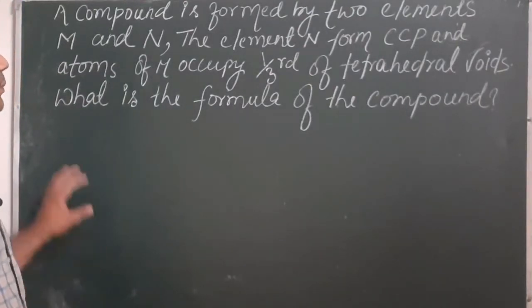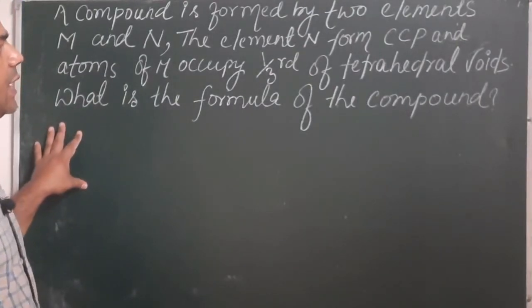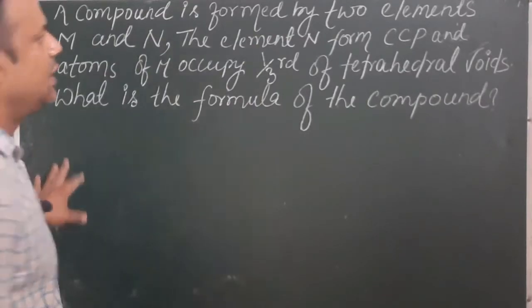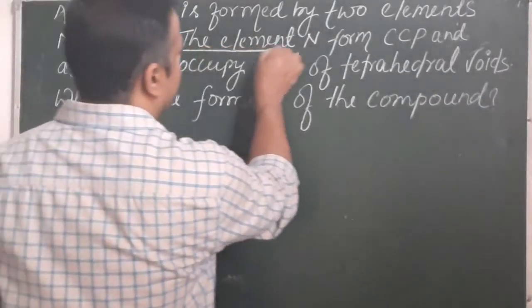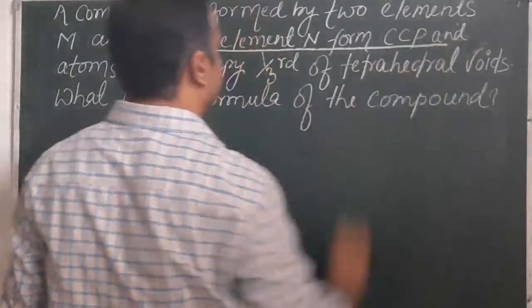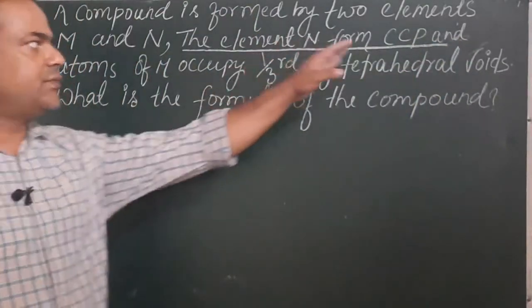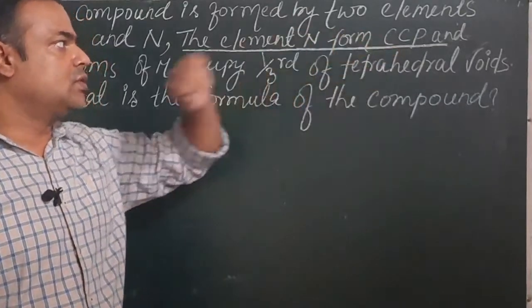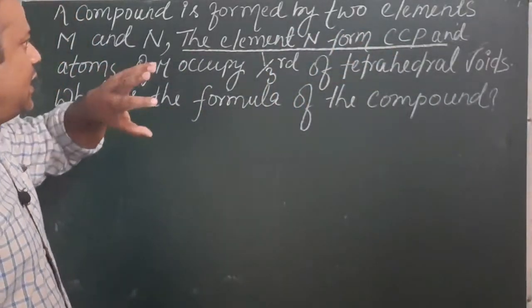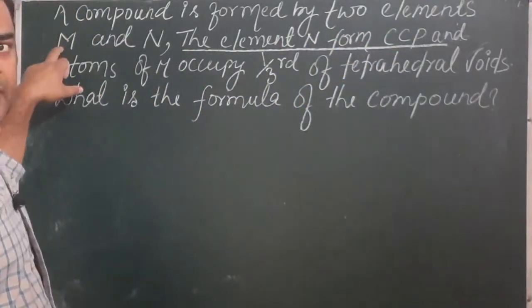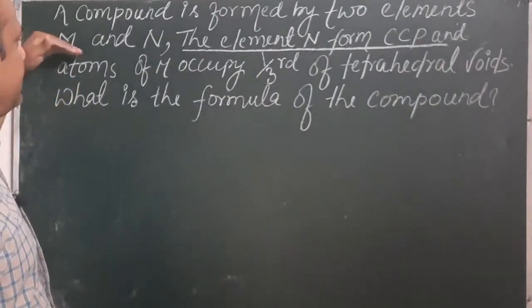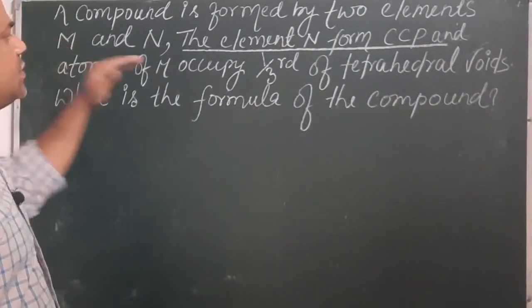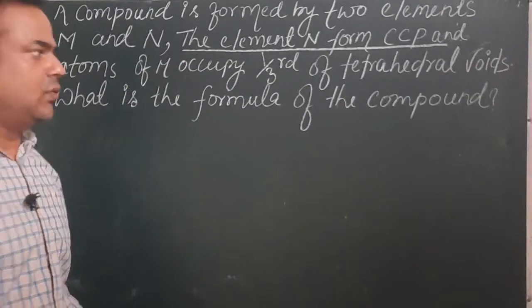To determine this empirical formula, first we have to see this line, the element N forms CCP. The element N is forming CCP, and when it forms a cubic close packed structure, then in the voids M is occupying its place. And what is that occupancy? That occupancy is 1/3 of tetrahedral voids.